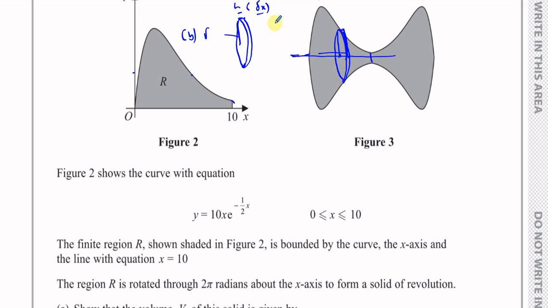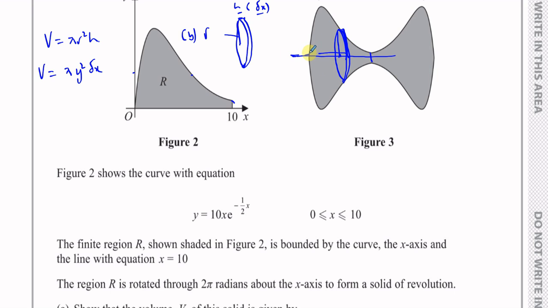We call it dx. So we know the volume of a cylinder is given by pi r squared h: pi times the radius squared times how thick the cylinder is. So the volume of this tiny cylinder will be pi times y squared times dx.